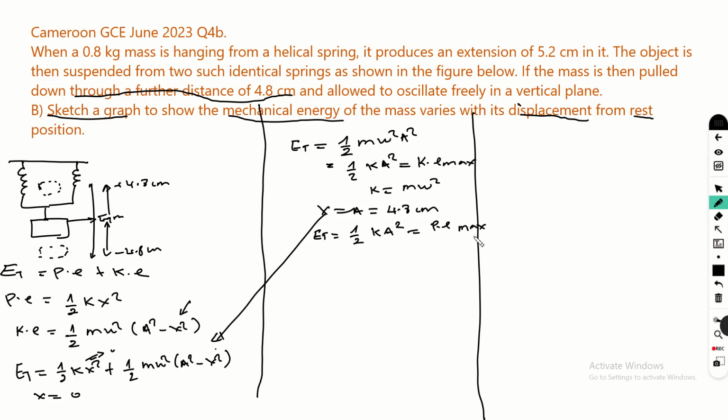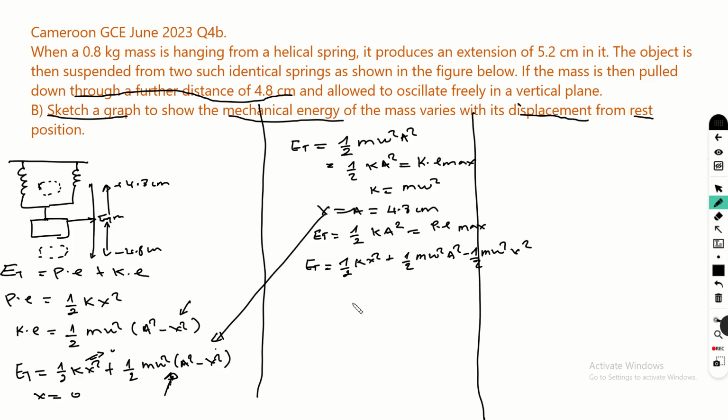Now, if we expand this equation and add the two terms, we have half kx squared plus half m omega squared a squared minus half m omega squared x squared.